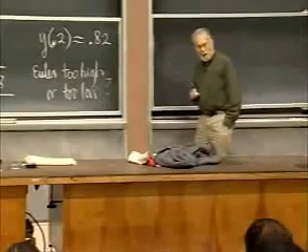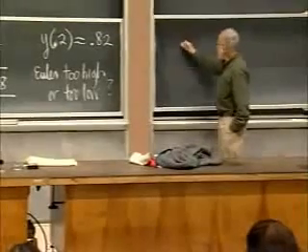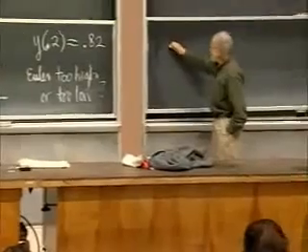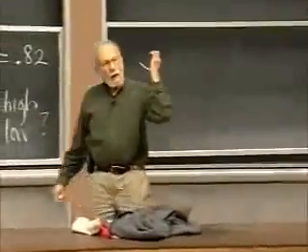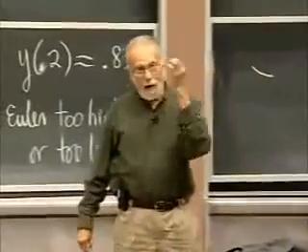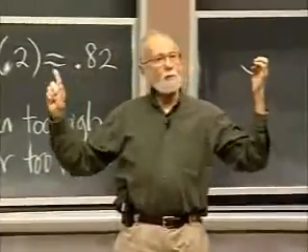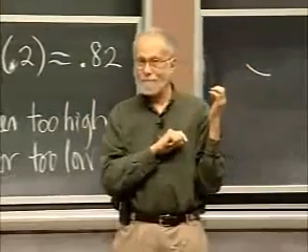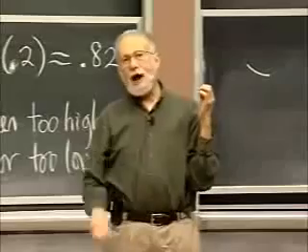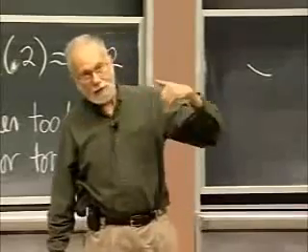Now, how will we answer that question? Well, let's answer it geometrically. If the solution were a straight line, then the Euler method would be exactly right all the time. But it's not a line. It's a curve.